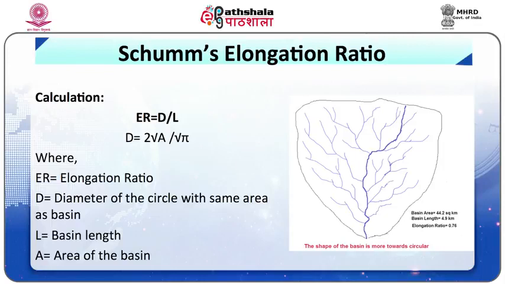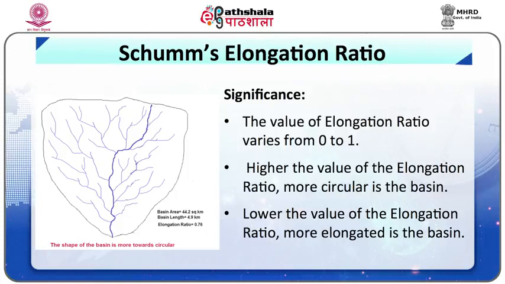It is expressed as the equation ER is equal to D divided by L. D is equal to 2 under root A divided by under root pi, where ER is elongation ratio, D is diameter of the circle with the same area as the basin, L is basin length, A is area of the basin. The value of elongation ratio varies from 0 to 1.